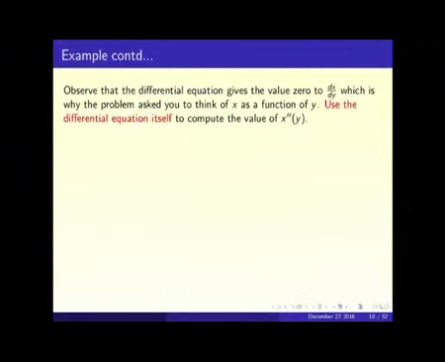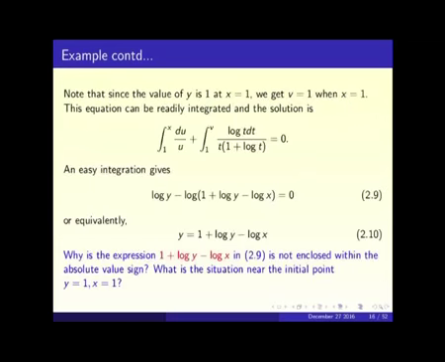Your initial impulse would be to take equation 2.10 and do an implicit differentiation and compute d2x by dy squared, but I urge you not to do so. Instead, I want you to use the differential equation as much as possible. Don't use the solution, use the differential equation to the extent possible.